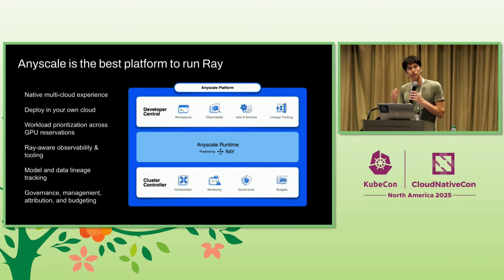And tons of Ray-aware observability tooling, right? Observability is the kind of thing where you need container-level observability to understand resource usage, resource pressure. You also need workload-aware, process-level observability to understand where's the bottleneck in my application, like where are tasks being queued, where is data being queued, which objects are slow to transfer, all of these kinds of things. And so these are some of the things we've been working on.